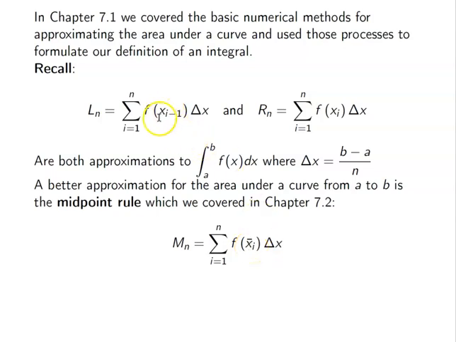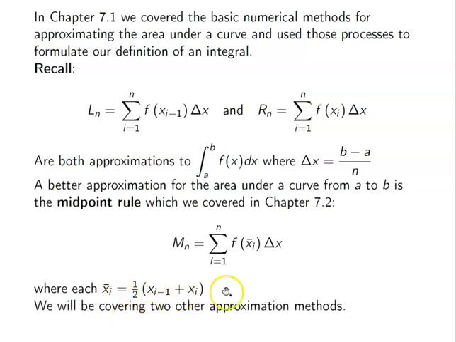So I'm not taking the left-hand side of the rectangle, and I'm not taking the right-hand side. I'm taking the value directly in the middle. Each one of these x i bars is just the average between a left endpoint and a right endpoint for a rectangle, so it's the point right in the middle.